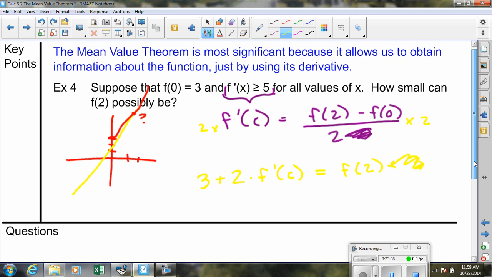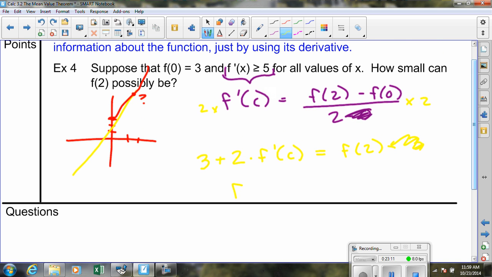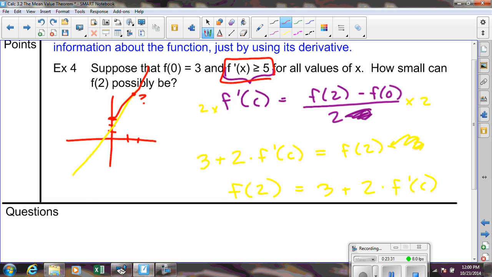And so we get this piece that says f of 2 will be equal to 3 plus 2 times f prime of c for some number c. We have no idea which one. But we do know this derivative is at least 5 for absolutely everything. If it's bigger than 5 for everything, it has to be bigger than 5 for this c.